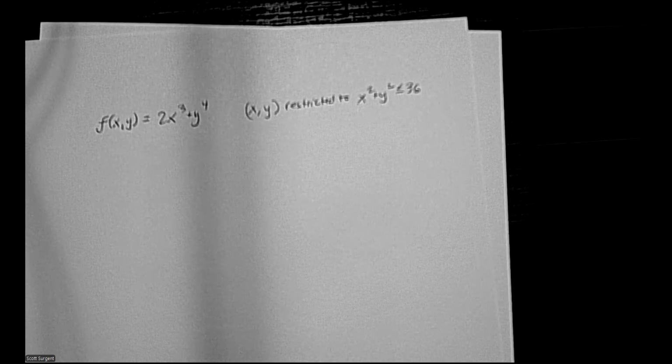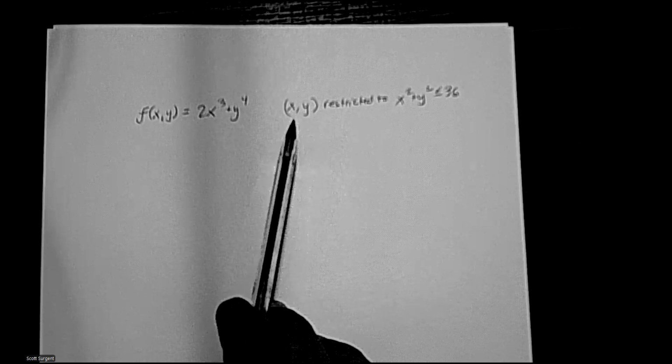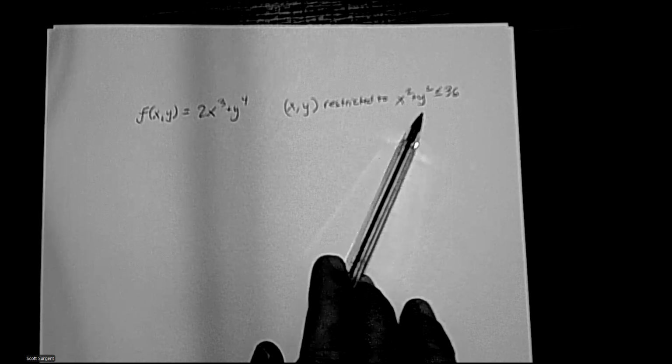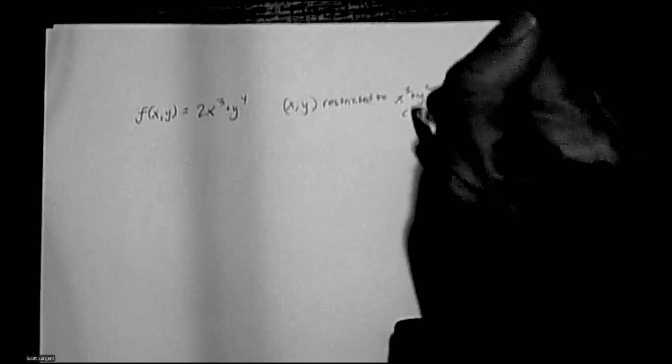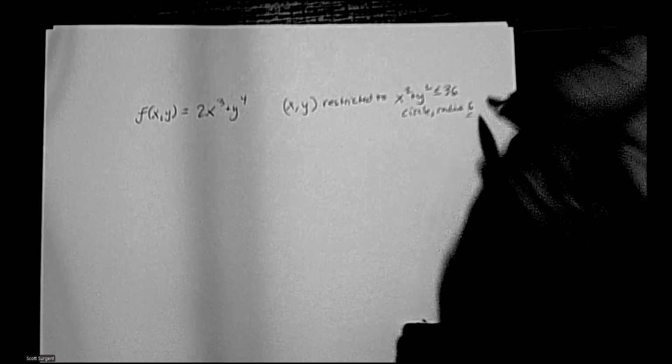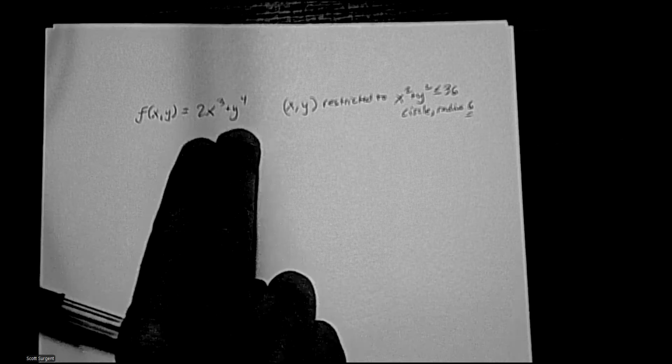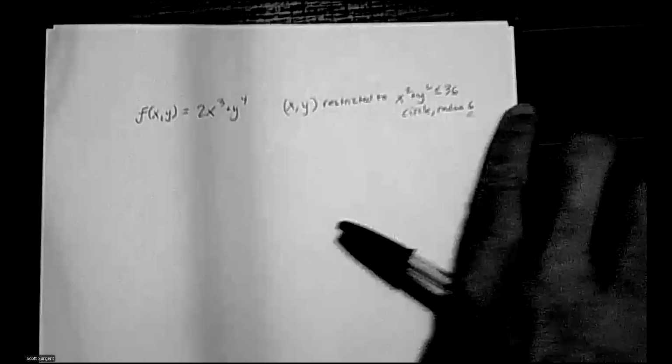So this is on practice test question 11. You have a function 2x cubed plus y to the fourth, and your domain is restricted to this thing, which is a circle of radius 6. So what we're going to do is perform this problem, ignoring this for now.